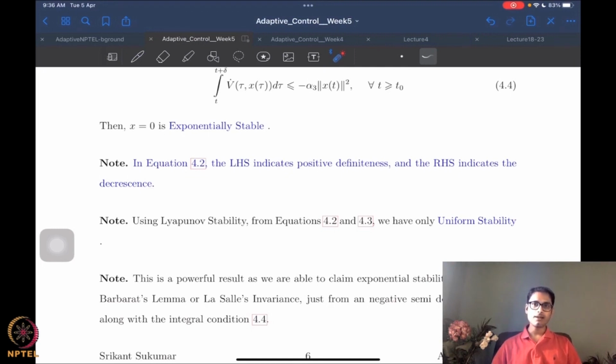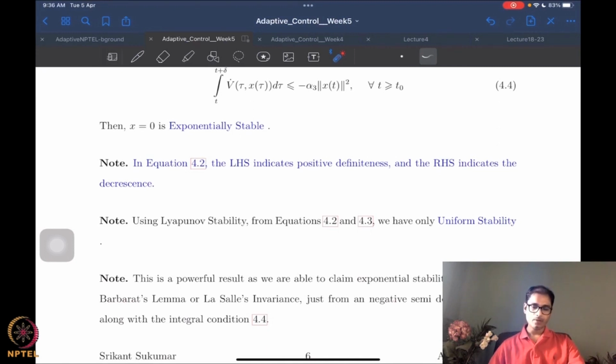So for non-strict Lyapunov functions of this kind, we had two techniques until now for proving asymptotic stability, right? One was the LaSalle invariance, which is the classical method, of course. The second was Barbalat's lemma, which is what we stress on significantly more in this course, and we will continue to see uses of Barbalat's lemma over and over again.